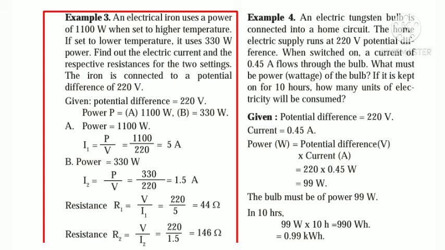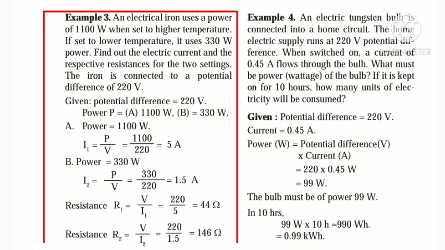Two sub examples are here. For A, power P we have to take 1100 watt, and therefore current I1 is equal to P upon V is equal to 1100 upon 220 is equal to, cancelling, it becomes I1 is equal to 5 ampere.